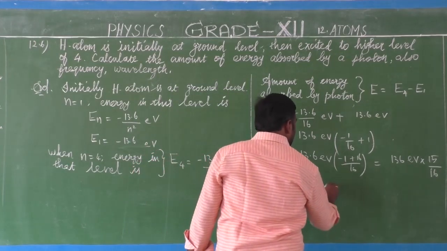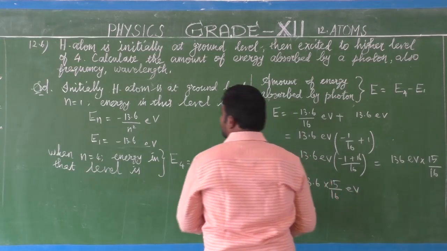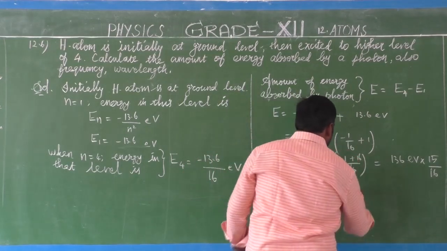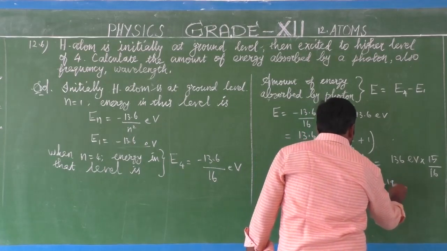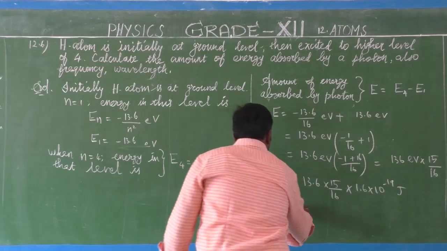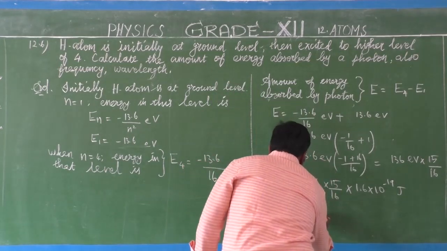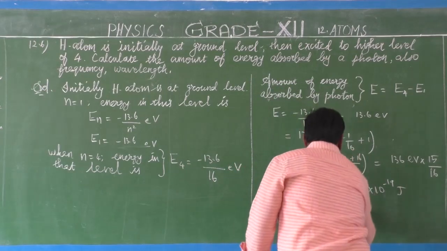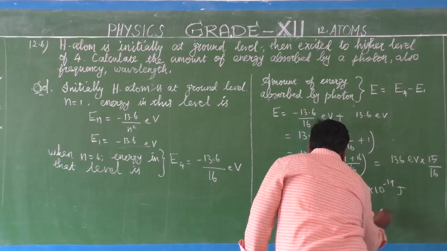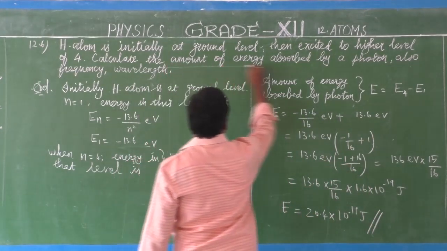So 13.6 into 15 by 16 electron volt, and the value of 1 electron volt we know is 1.6 into 10 to the power minus 19 joule. After simplification, the final energy value is 20.4 into 10 to the power minus 19 joule. So this is the amount of energy we got.